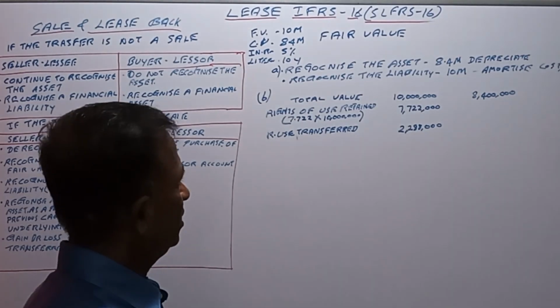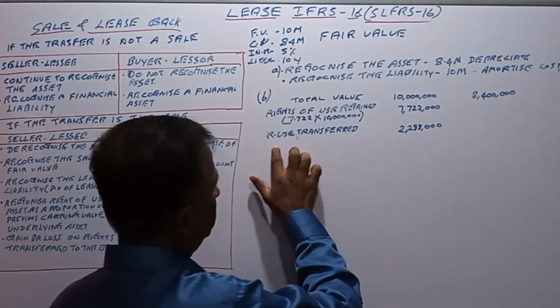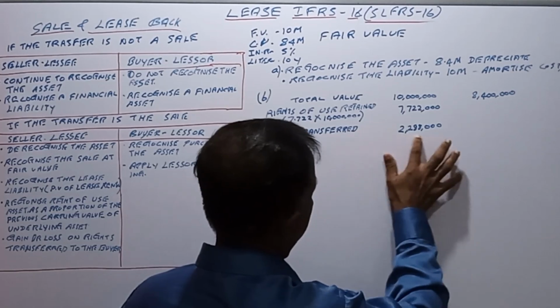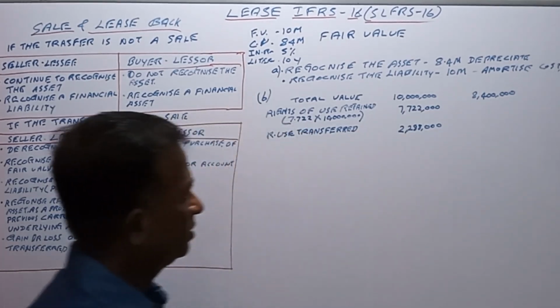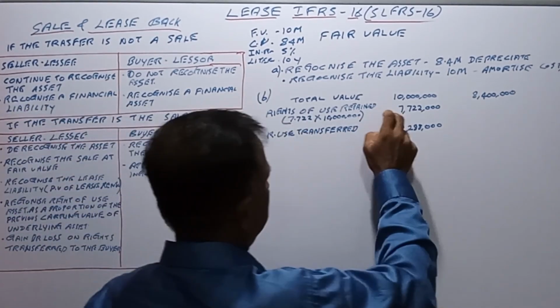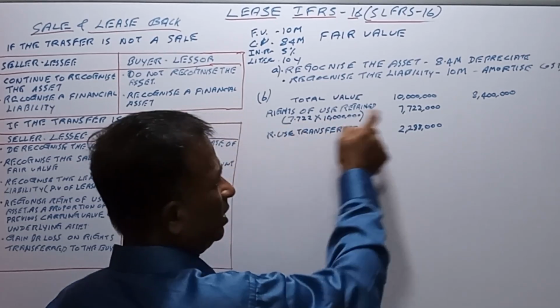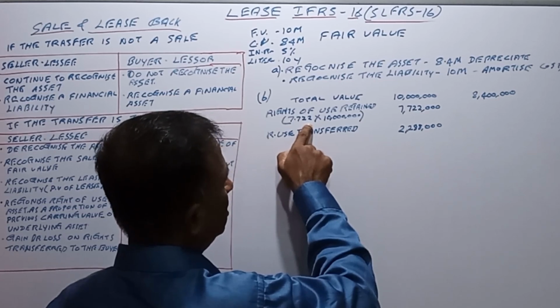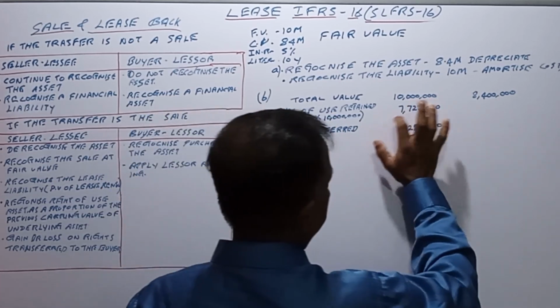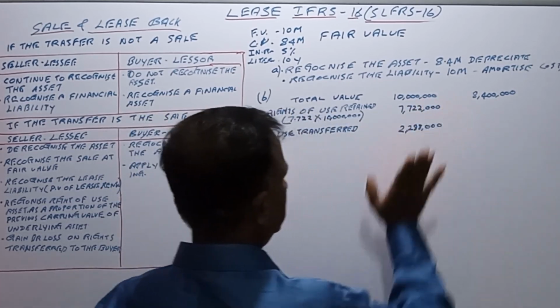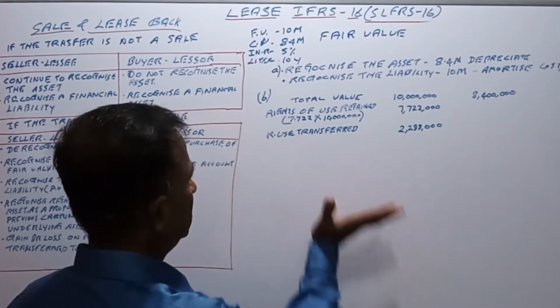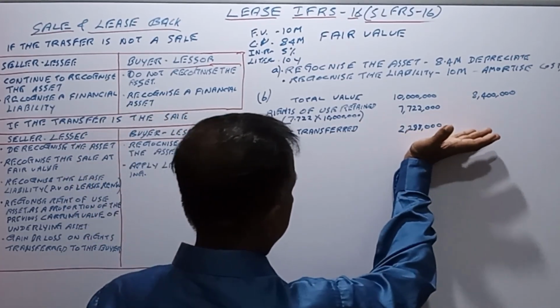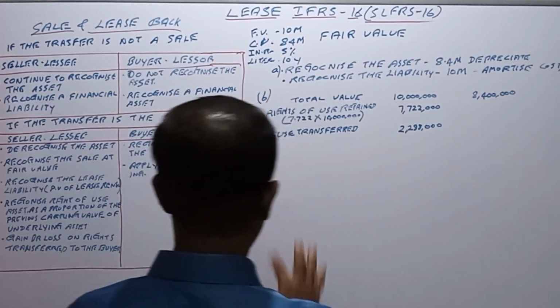2,282,288 is the right of use transferred. We refer to table 7.22 from the present value table, into 10,000,000 gives 7,722,000. The balance is the right of use transferred.